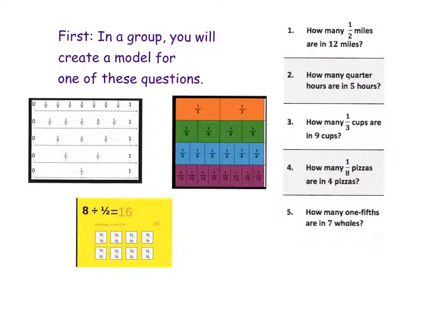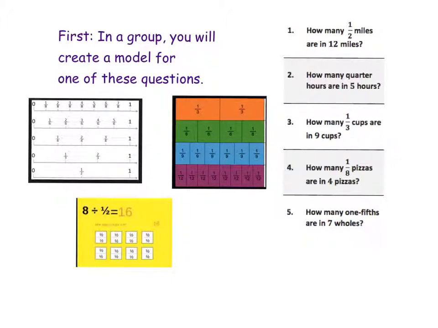So if you're doing this on your own, you might want to work with a partner, because the first thing we're going to do in class is, in a group or as a partner, you're going to create a model for one of these questions. So what would it look like if we did how many half miles are in 12 miles, or how many quarters are in 5 hours, how many 1/3 cups are in 9 cups, how many 1/8 pizzas are in 4 pizzas, how many 1/5 are in 7?